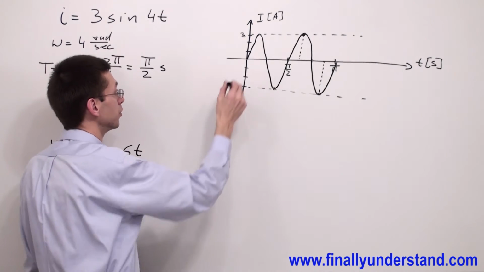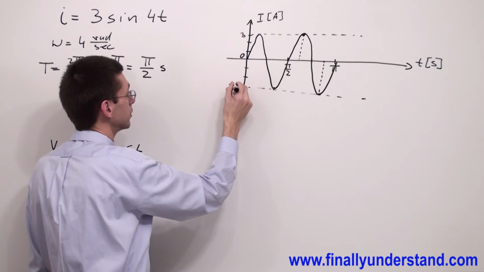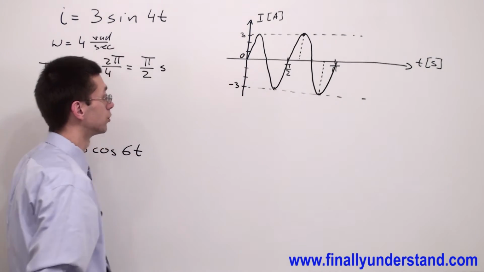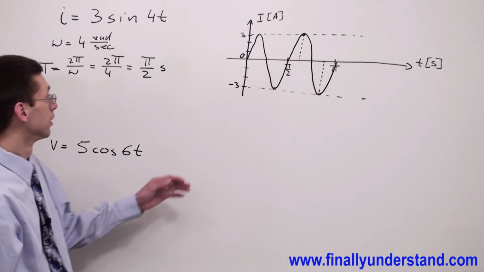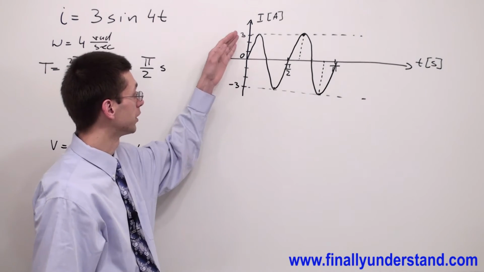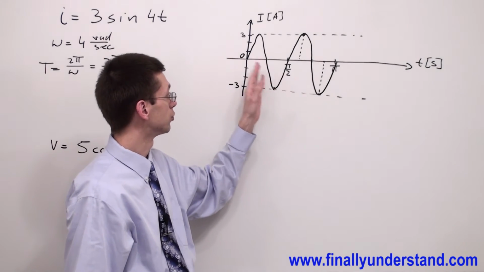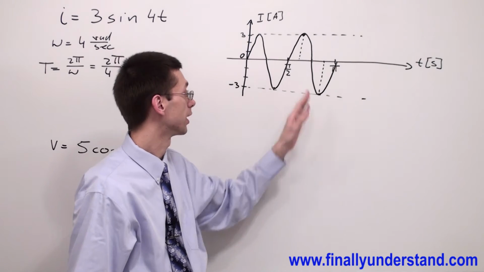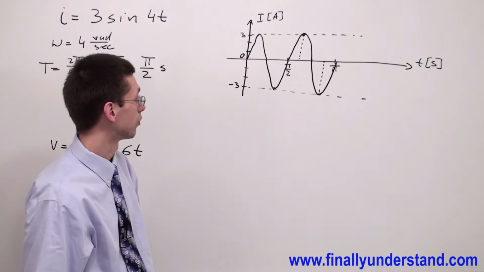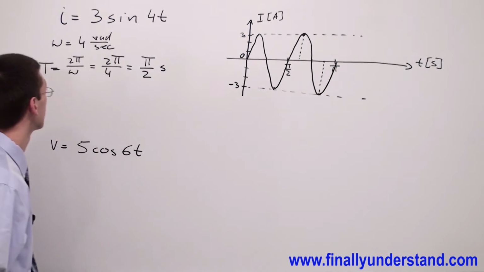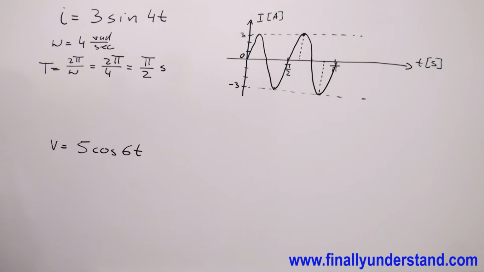This is my wave. Remember, this is 0. This is minus 3. I found peak values, I found the period, and I drew 2 cycles. This is the end of the problem, and this is the right solution to this problem.